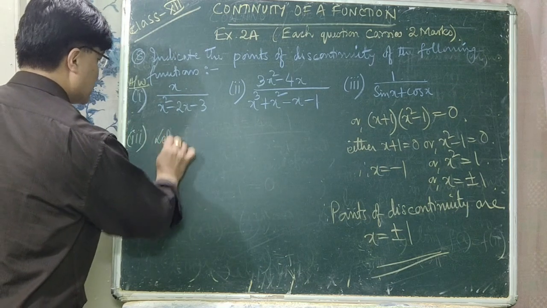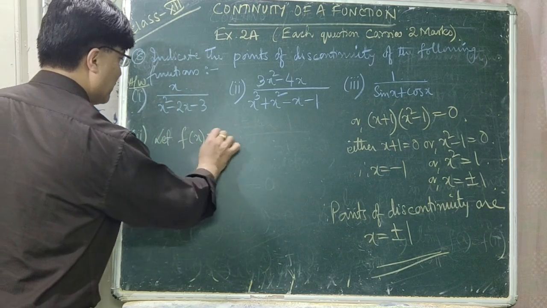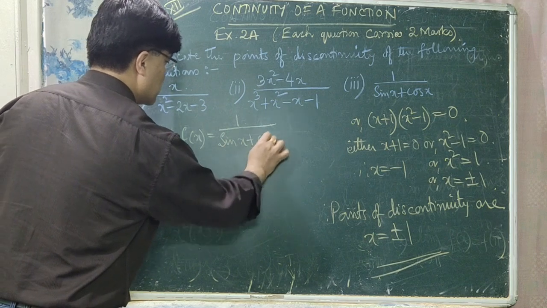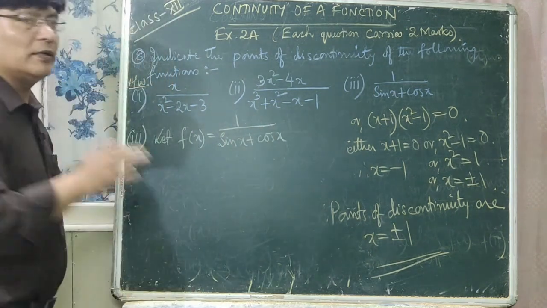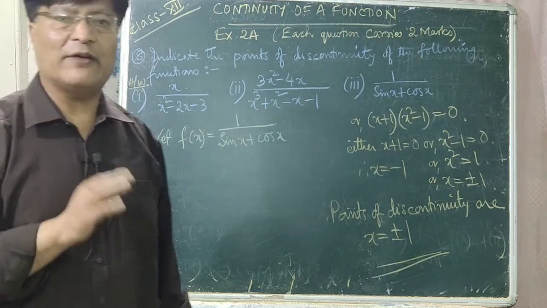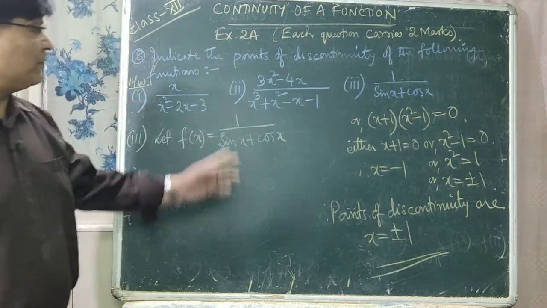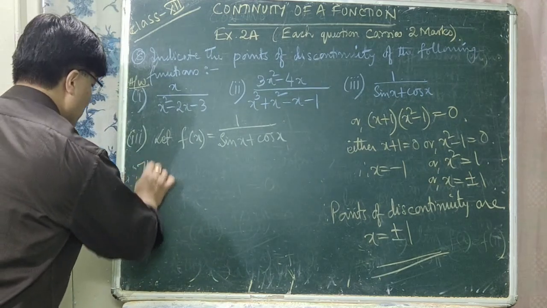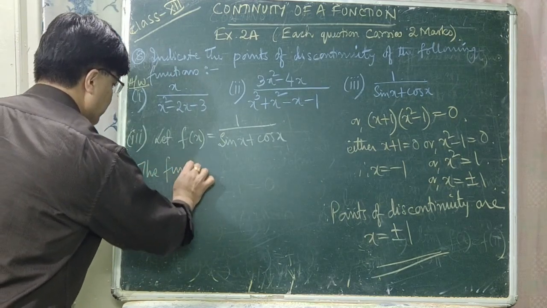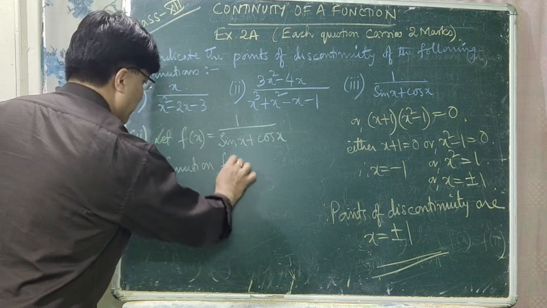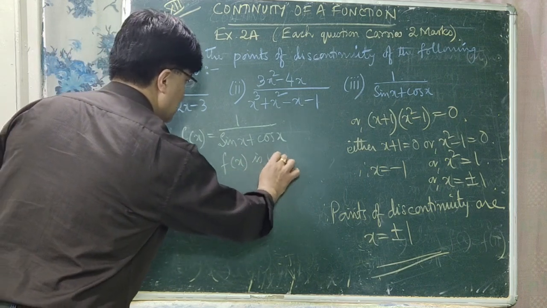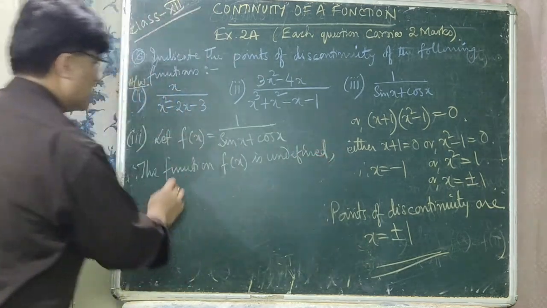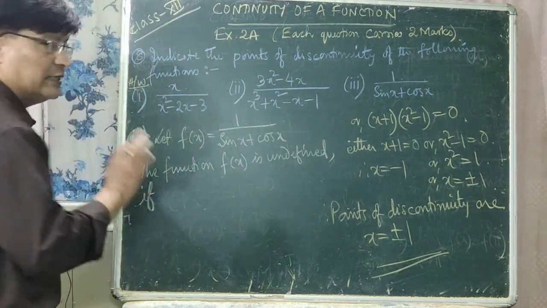Let f of x is equal to 1 upon sin x plus cos x. Here also, when is the function f of x undefined? If the denominator is 0. So therefore the function f of x is undefined if the denominator is 0.